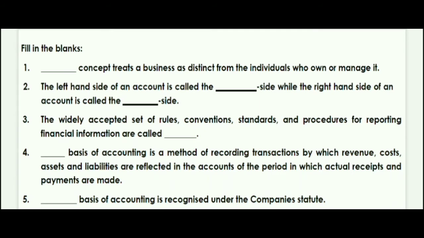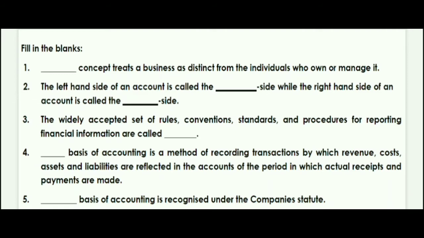And the fourth one was the cash basis of accounting, a method of recording transactions by which revenue, costs, assets and liabilities are reflected in the account of the period in which actual receipts and payments are made.